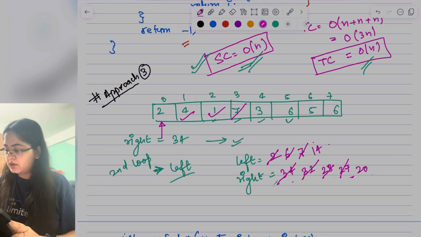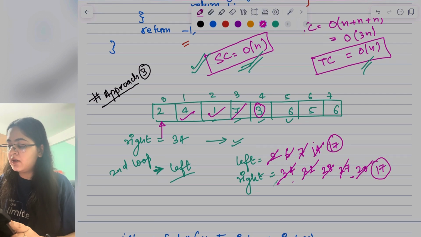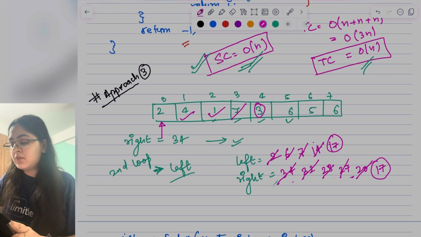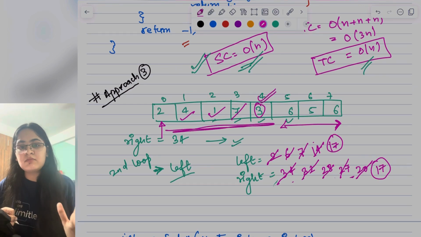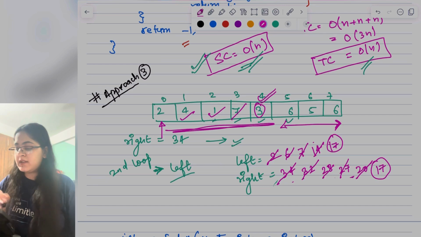Then I add this to 14, 17, and then I decrease 3 from 20, so it becomes 17 and 17. Now both are equal. Because right only contains this side's sum and left contains this side's sum, I can say this index is my equilibrium index. As simple as that. Let's see the code of it.